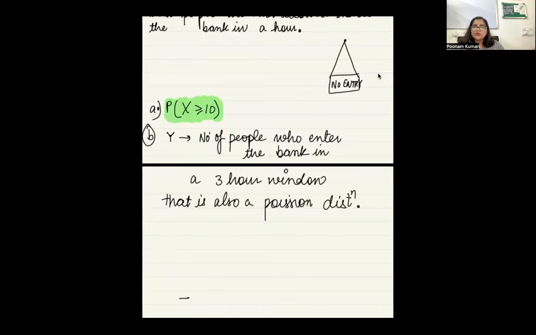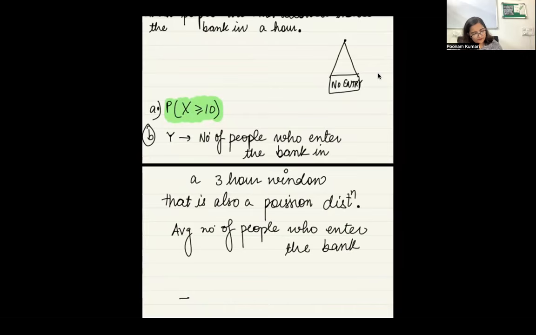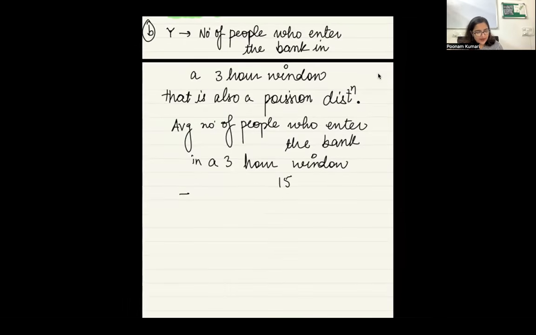And now I have a 3-hour window. So what is the average number of people who will enter the bank in a 3-hour window? If every hour 5 people on average enter, then in 3 hours, how many people enter on average? 15. So this y becomes a Poisson distribution with parameter value 15.